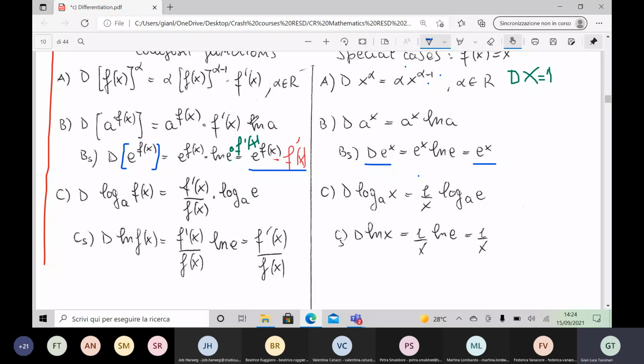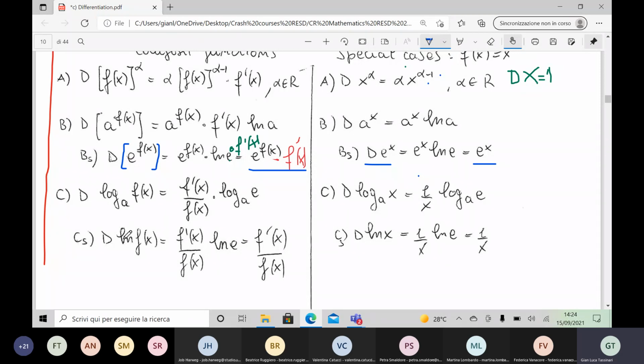So here is ln of the basis, here is logarithm with basis a of e, so pay attention. Now, the very special case is the one in which a is equal to e, the Euler number. So we have in this case the derivative of logarithm of f of x. You can get it immediately.